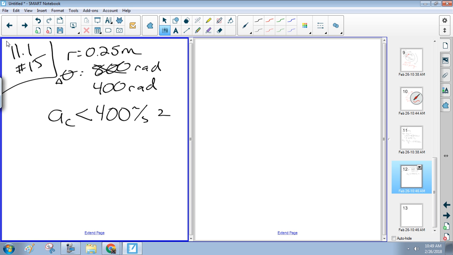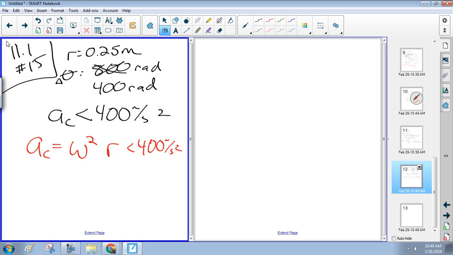Well, here's where that little trick comes in. We learned just a minute ago that centripetal acceleration is omega squared times radius, right? Or you could have used this equation to solve for linear velocity at the outside edge, which would be the same thing. So we need this to be less than 400 meters per second squared.